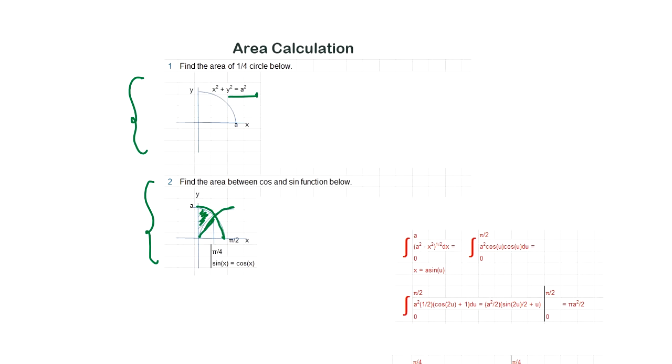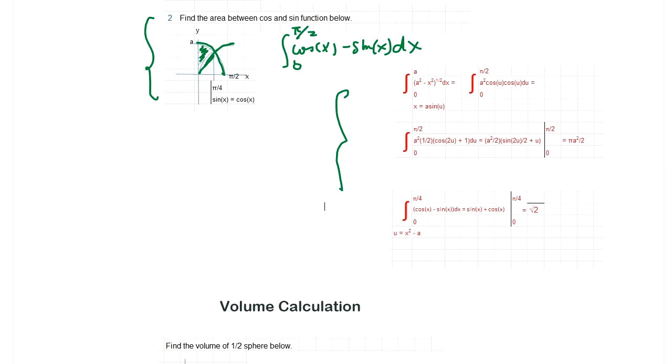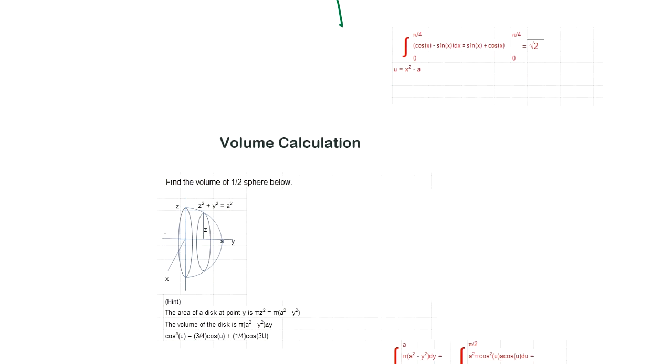It's going to be the integral of cos x minus sin x from 0 to pi over 2 dx. Okay, answers are here. Probably you have to do this practice several days after you watch this video.